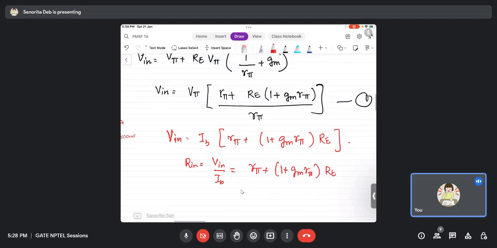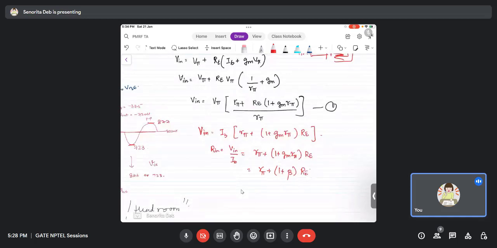You would also have seen this as R pi plus 1 plus beta times RE. So your RE has basically increased your input resistance by many folds. If RE is 1 kilo ohm and beta is 100, your input resistance increased by 100 kilo ohms, which is a huge value, right? So Rin is increased.